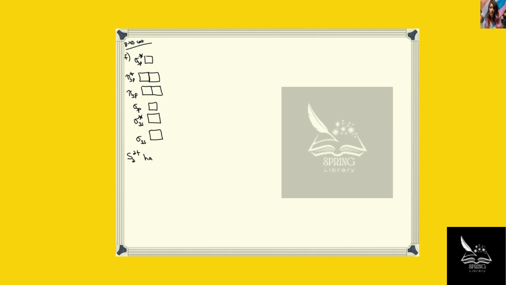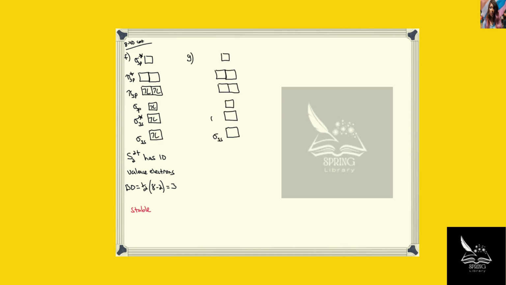But because it's 2+, it's now 10. 12 minus 2 is 10. So we'll plug in our 10 valence electrons. 1, 2, 3, 4, 5, 6, 7, 8, 9, 10. And we have 1, 2, 3, 4, 5, 6, 7, 8 bonding, 2 anti-bonding. So it's 1/2 of 8 minus 2, which gives us a bond order of 3. So this is definitely stable.